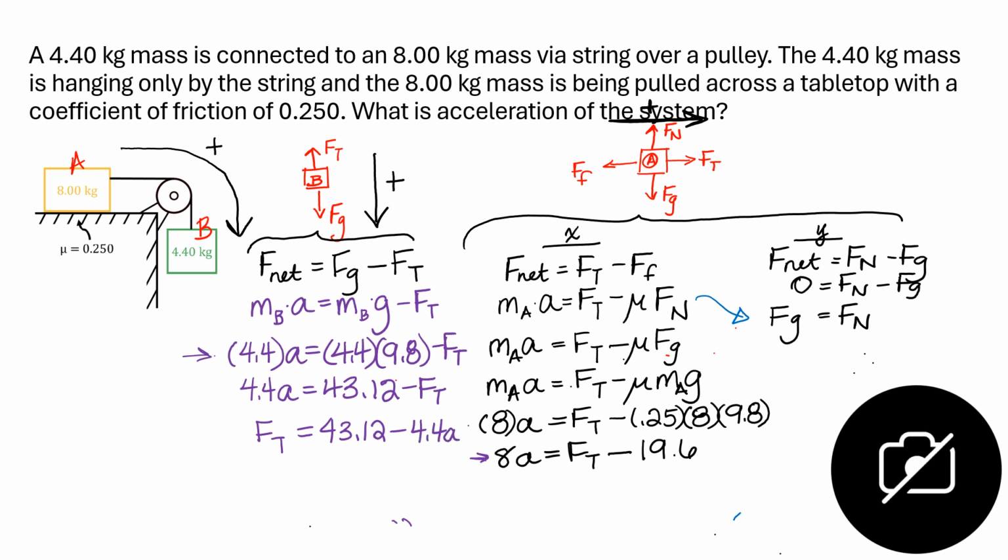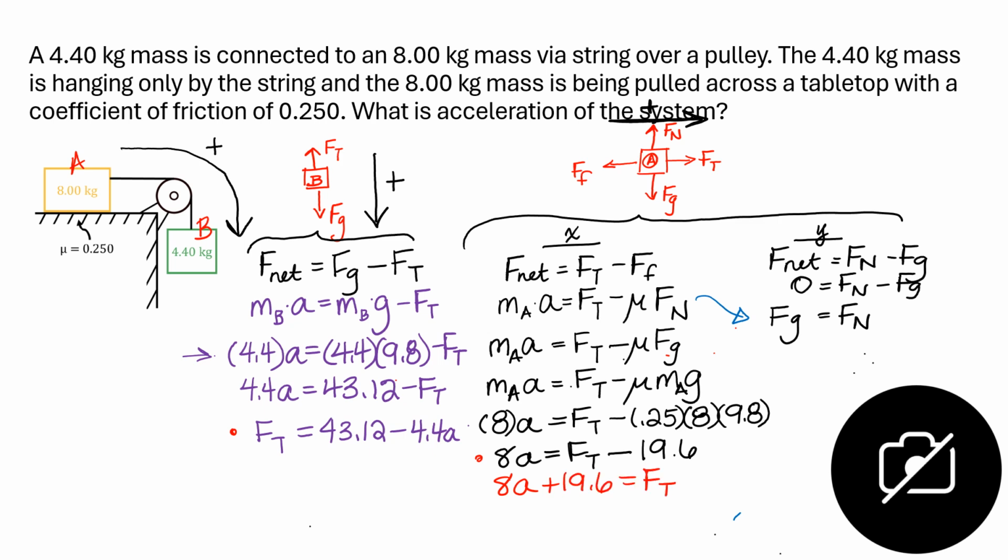So I just rearranged the equation. I'm going to erase a little bit just to make sure we can see. So I've got this equation, and I'm going to rearrange real quick and say 8a plus 19.6 equals Ft.